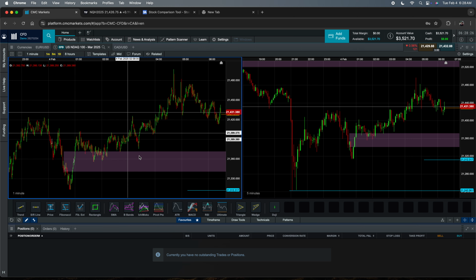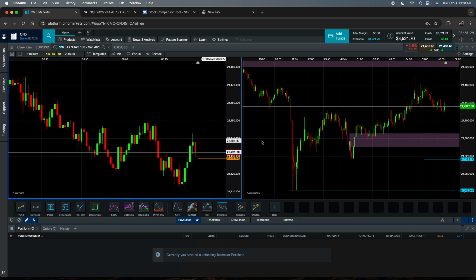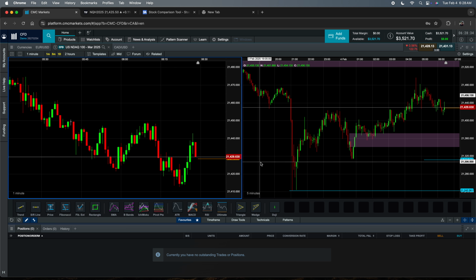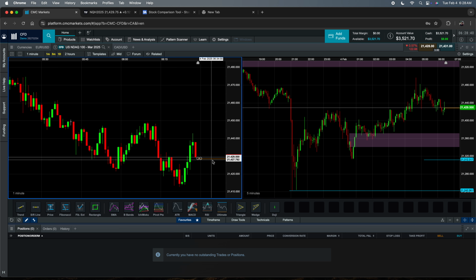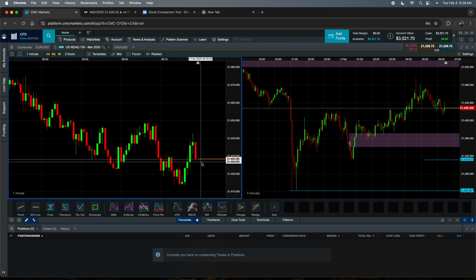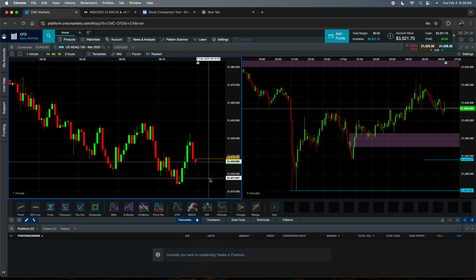Okay, a couple more minutes to go. So we'll probably be removing this line here at the open, and I'll put a different line on there just so it doesn't get in the way, since there won't be an opening range gap. Looks like it's going to open up at the exact same price that it closed at yesterday, which is fine.